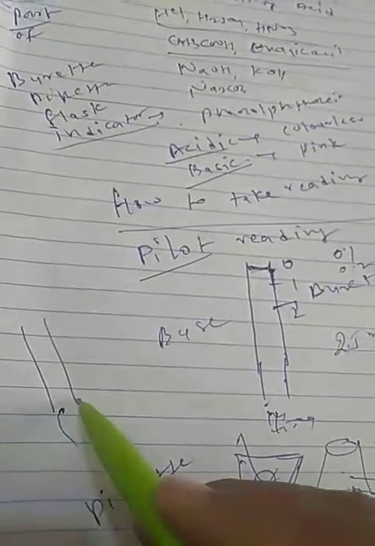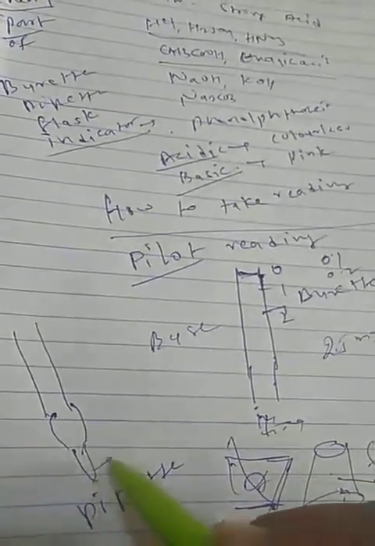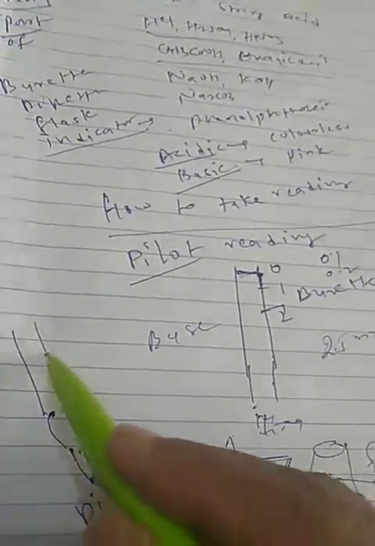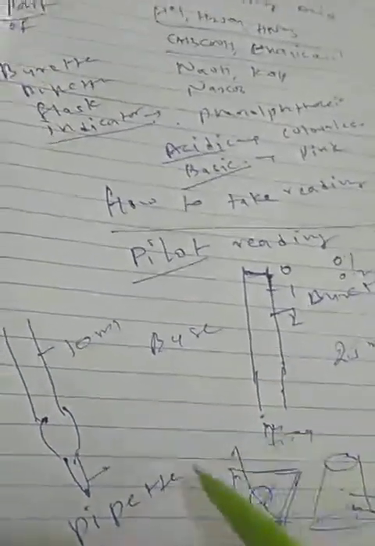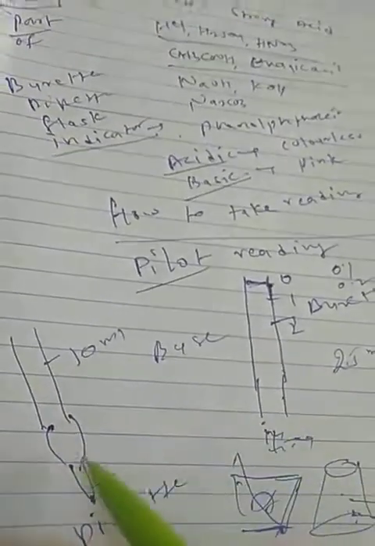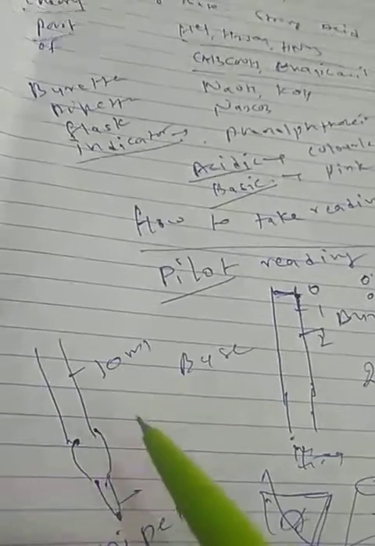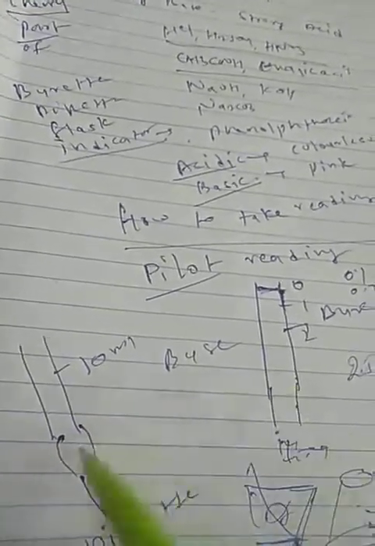So in the pipette we suck the solution, and up to 10 ml only it is indicated. Okay, so what is the difference between burette and pipette? In the burette we can take even a 0.1 reading, and in the pipette we can take exactly 10 ml only. So this is the great difference.